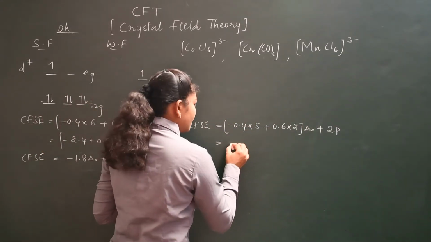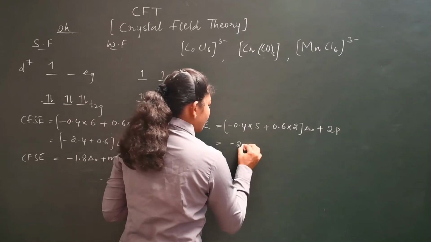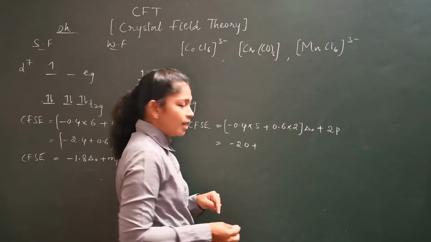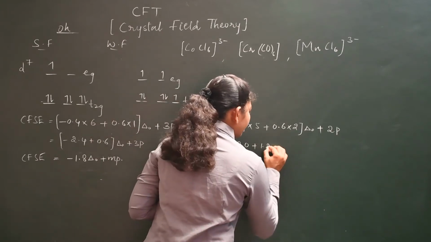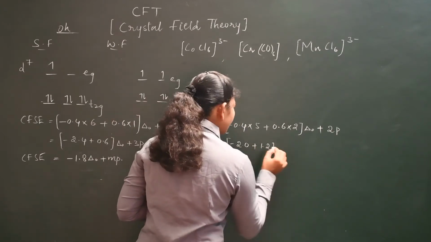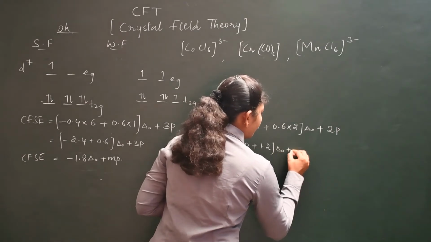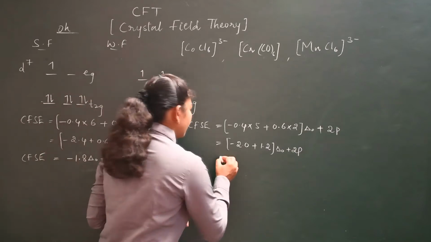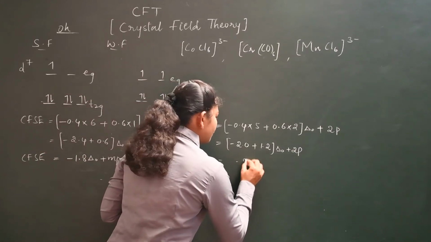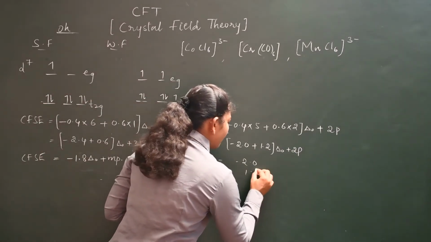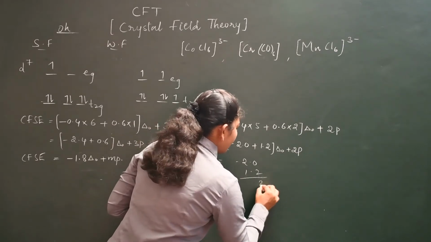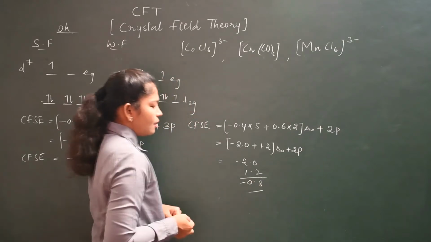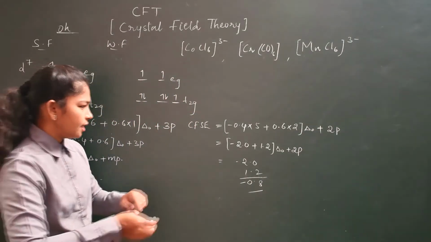Minus 0.4 into 5 is 2.0, so minus 2.0, plus 0.6 into 2 is 1.2, delta naught plus 2P. Minus 2.0 plus 1.2 gives minus 0.8.